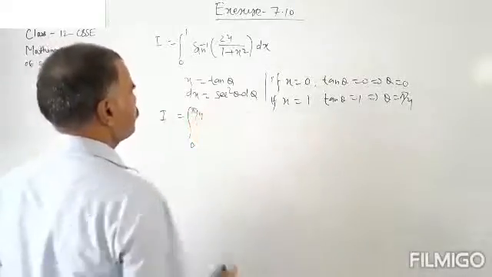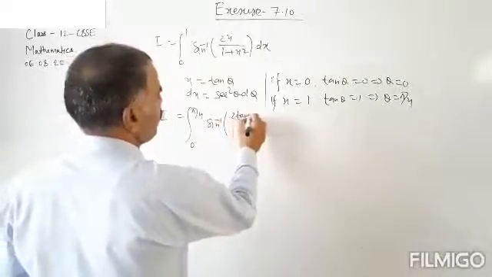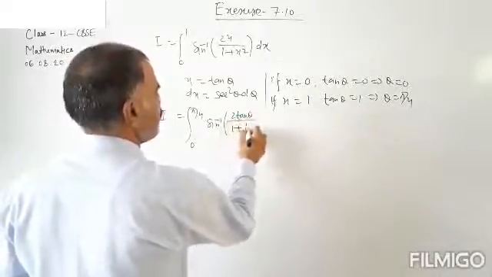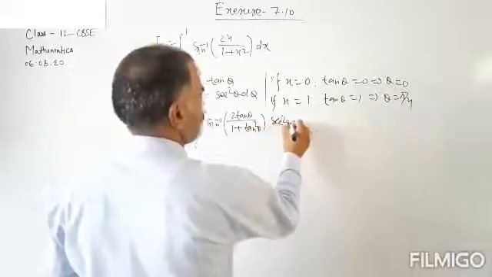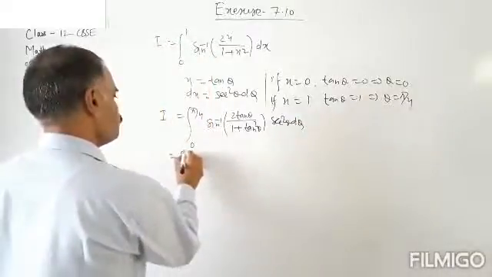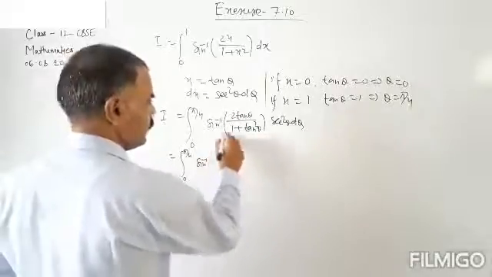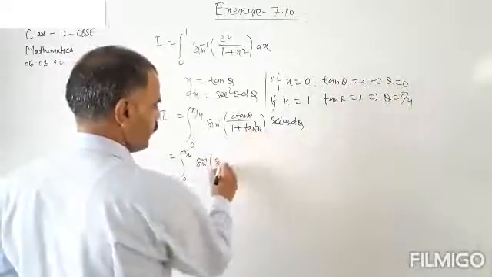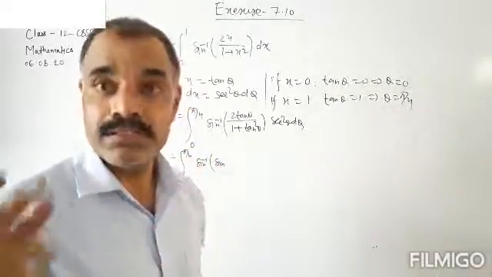The limit of theta is 0 to pi by 4, and this is sin inverse of 2 tan theta upon 1 plus tan square theta, and dx is sec square theta d theta. This equals integral 0 to pi by 4 of sin inverse of 2 tan theta upon 1 plus tan square theta, which I have just told you is sin 2 theta.